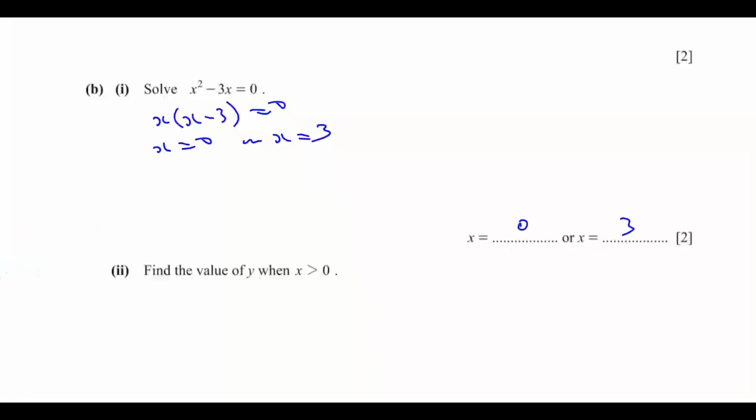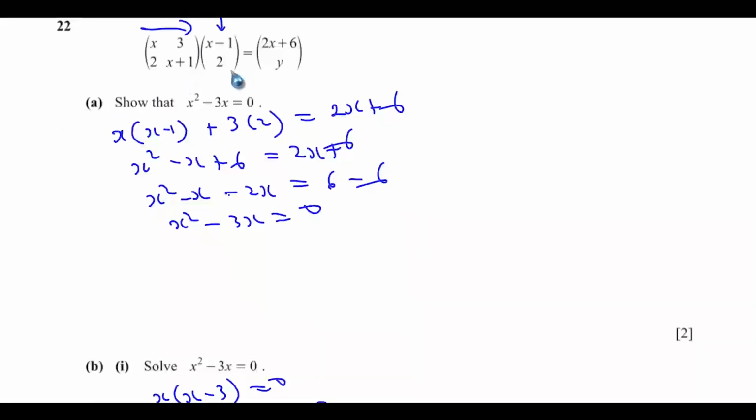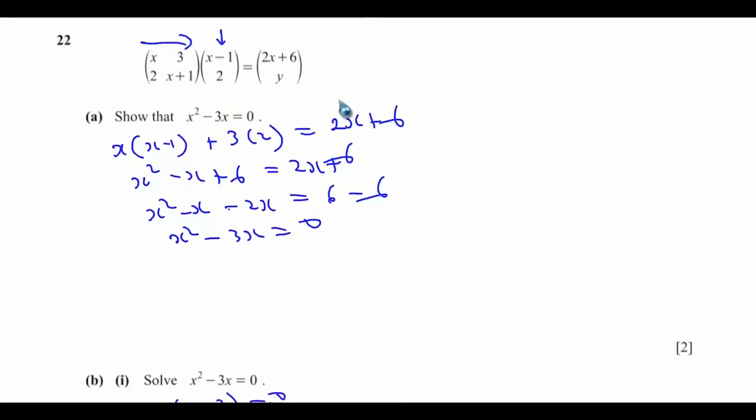So y is equal to, let's roll up. We need to get y from these matrices. We'll multiply this row by this column and equate it to y. That would be 2 into x minus 1, that is 2 times x minus 1, then plus x plus 1 multiplied by 2, equals y.